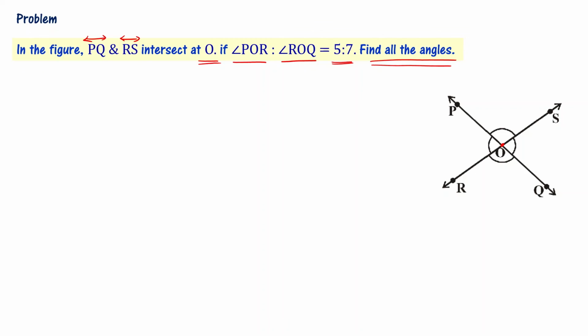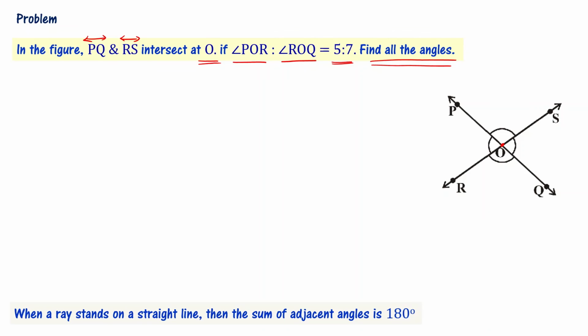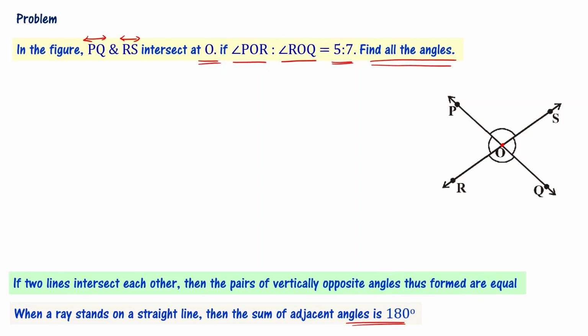Now, to answer this question, we need to recall two statements we have learnt already. When a ray stands on a straight line, then the sum of adjacent angles is 180 degrees. This is one statement you have to remember. And the second one is a theorem. If two lines intersect with each other, then the pairs of vertically opposite angles thus formed are equal. Now look at this.